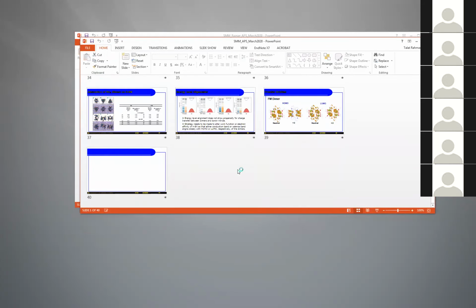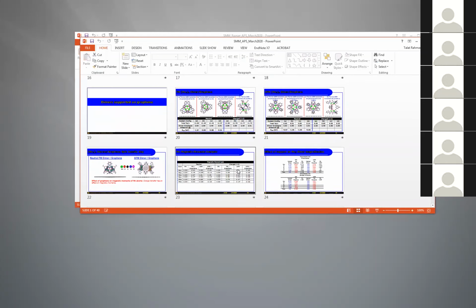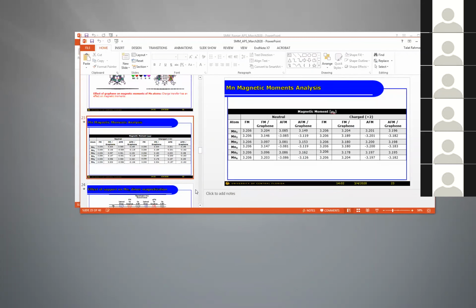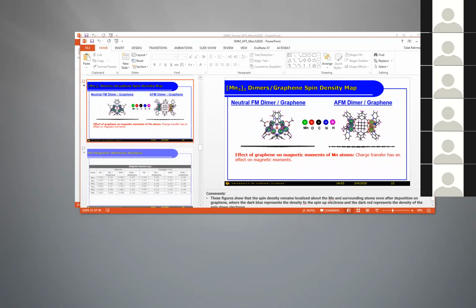Oh yeah, here it is. The answer is there is some effect on the dimers. Those are J values.